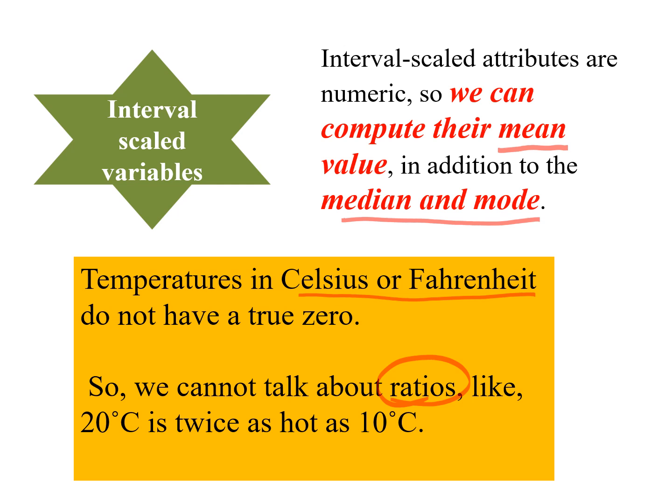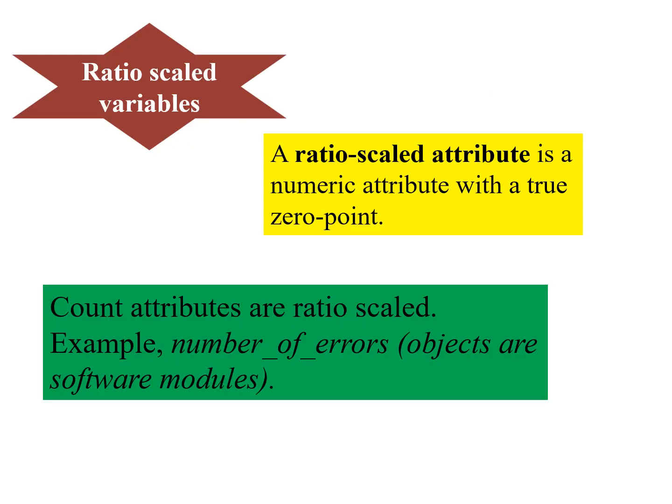A ratio scale variable. A ratio scaled attribute is a numeric attribute with a true 0 point. Any count attributes are ratio scaled because 0 would mean 0 count. Like the number of errors in software modules.